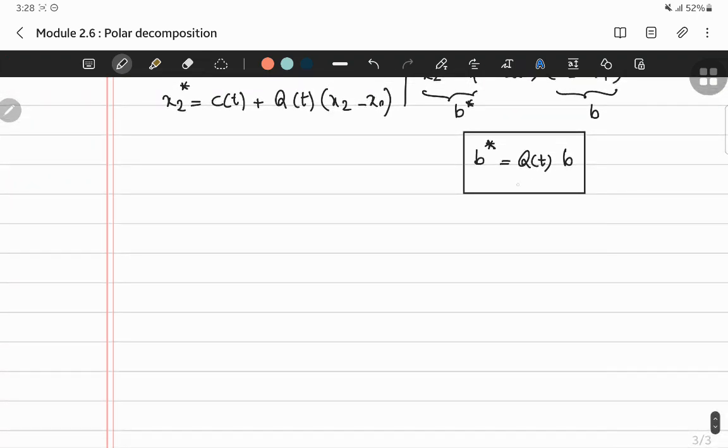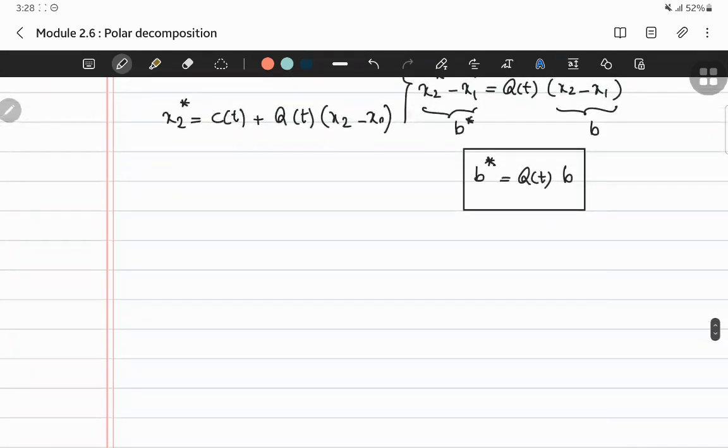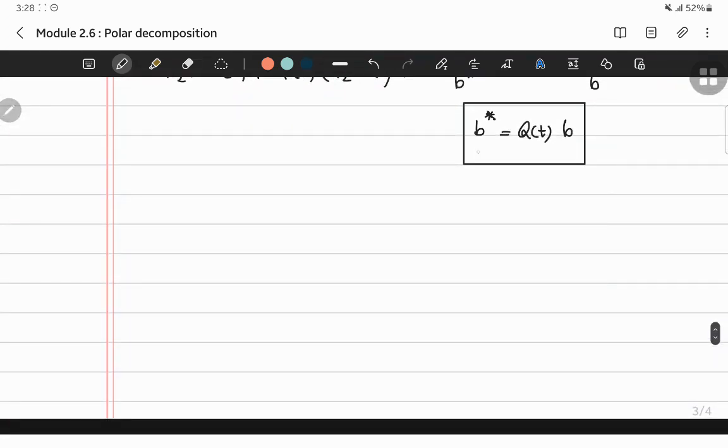We can also do this for, let's say, a tensor. And if you remember, this is one of the transformation laws we studied in module 1, where we had, for example, A prime was equal to Q transpose A. It was this because we filled in the transformation, this Q matrix, vertically.